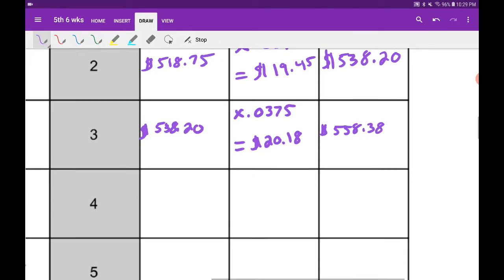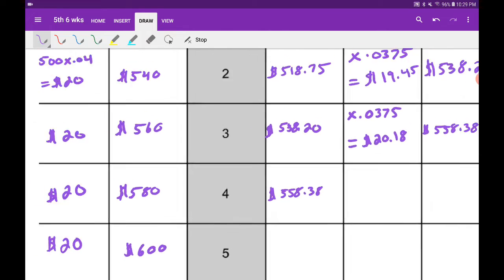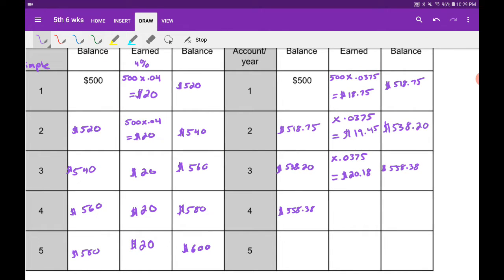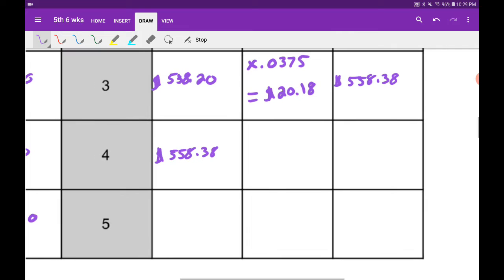All right, so we'll take that 558.38 beginning of year 4. So we're still not there because at the beginning of year 4 we're at $560. So we're about $1 something behind. So let's multiply the interest rate again to the 558.